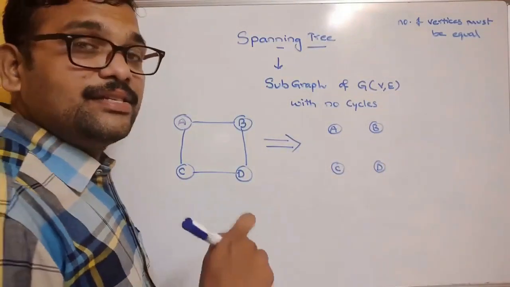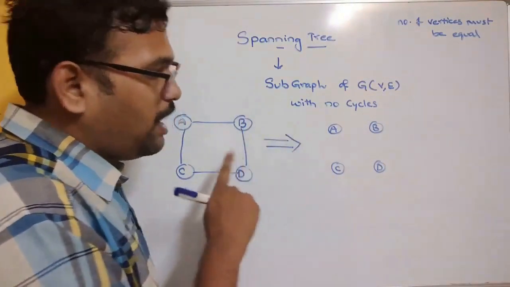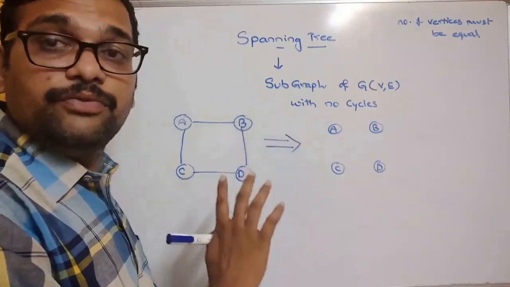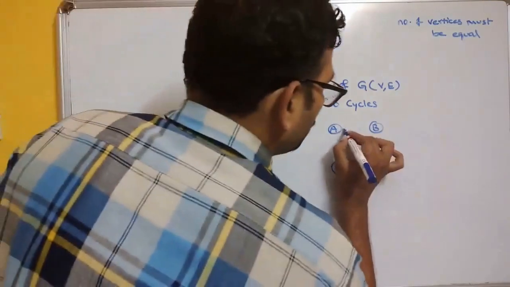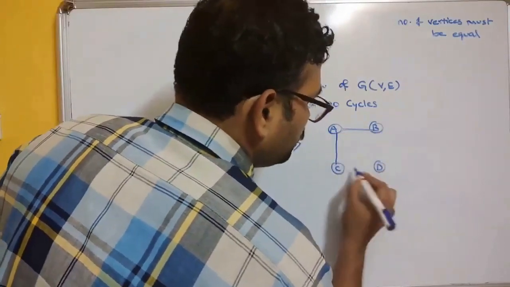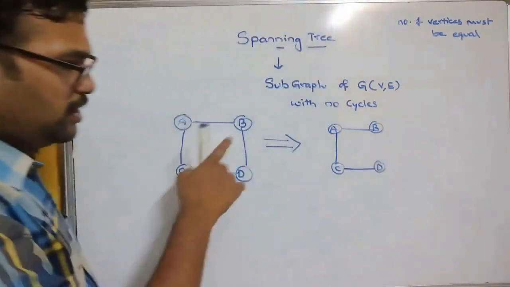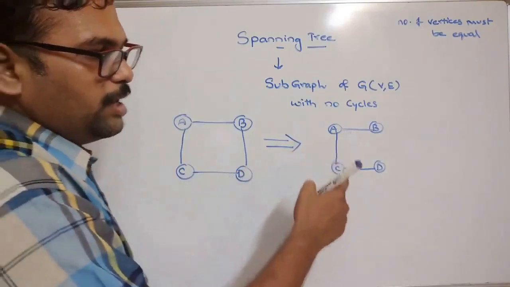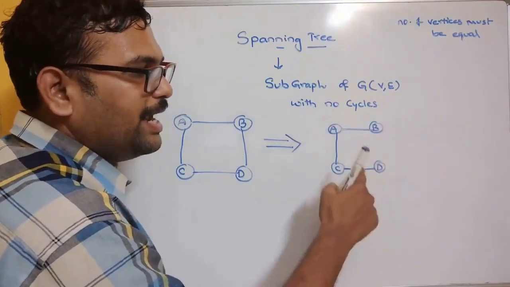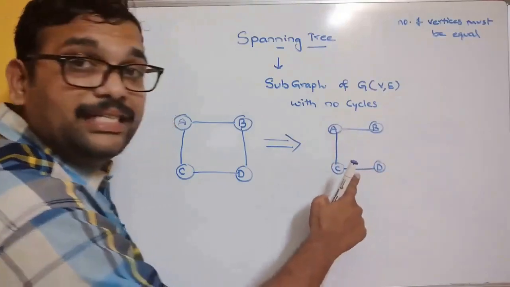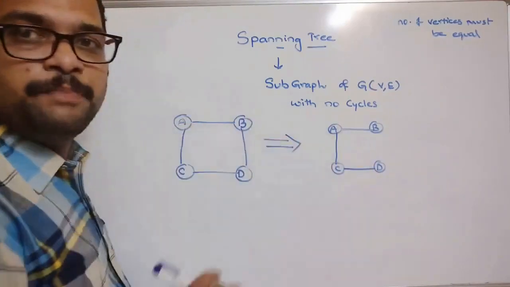Next, if there are 4 vertices, we should connect with 4 minus 1 edges. So I will connect this one: A to B, A to C and C to D. So this is a construction, right? You can observe here we are having 4 vertices and the edges are 4 minus 1, that is 3 edges. So this is one spanning tree.